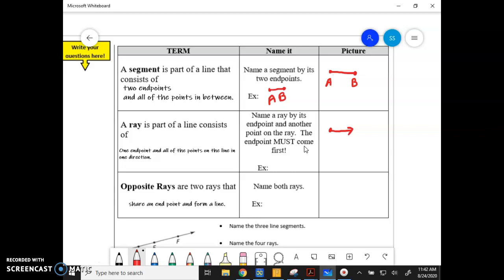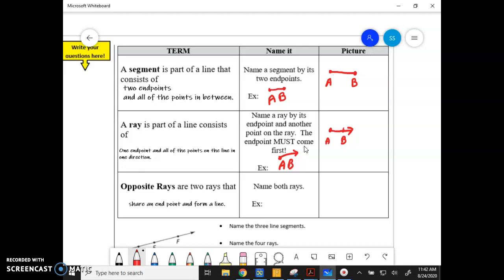Okay, so we could label this point A, B, and again, naming it, we can just do the same thing, right? Your points A, B, but just signify that you can identify it like that. A point on one end and the arrow in the other direction.